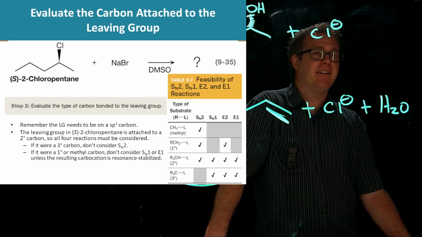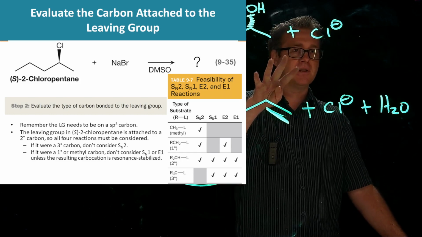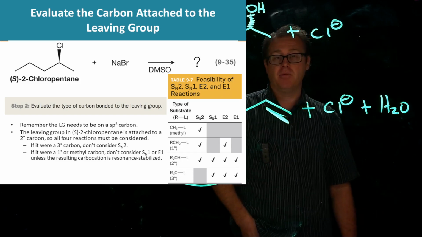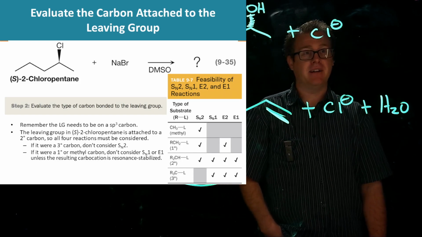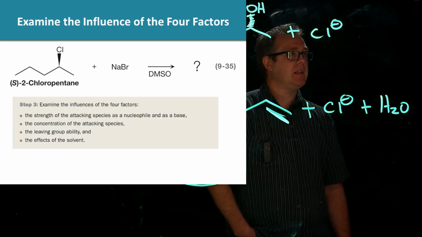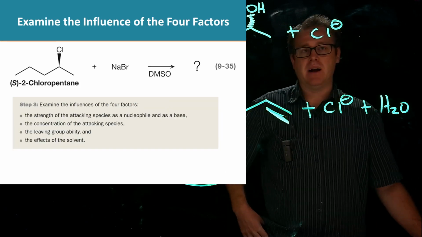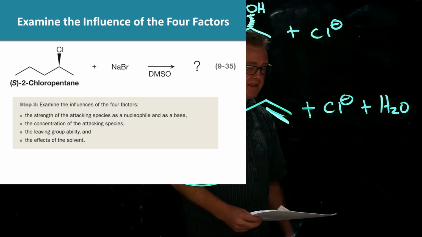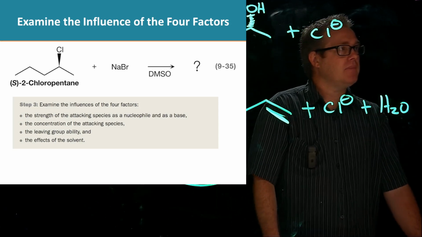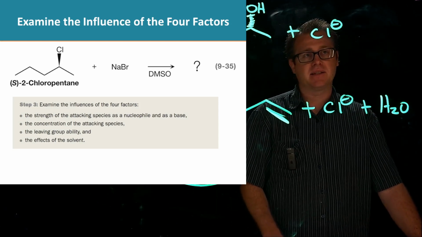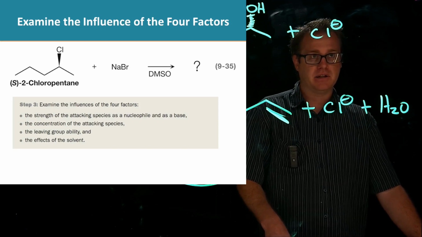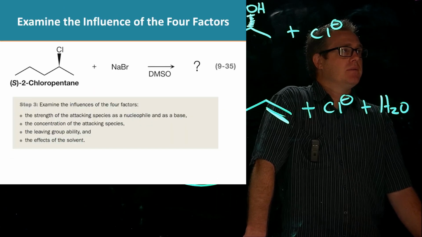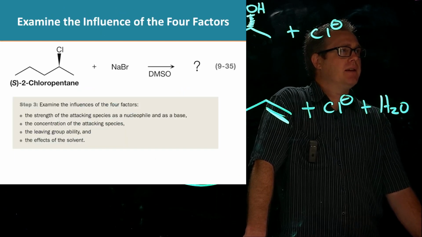When it's a secondary alkyl halide, all 4 mechanisms are on the table at this point in time. So that's step 2, making sure what type of alkyl halide you have. All right. Now, step 3, I go through the principles that I've discussed. The strength of the attacking species, the concentration, the leaving group ability, and the effects that solvent has on the reaction. Okay?